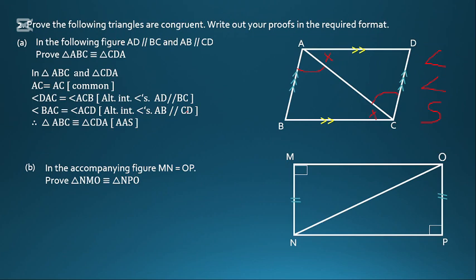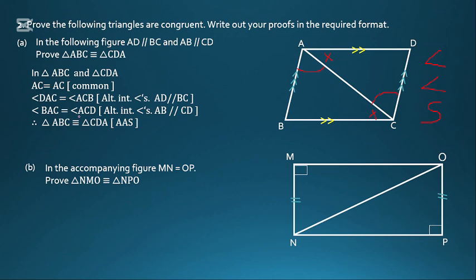Then number 3: angle BAC is equal to angle ACD, also alternate interior angles, but this time it's because AB is parallel to CD.